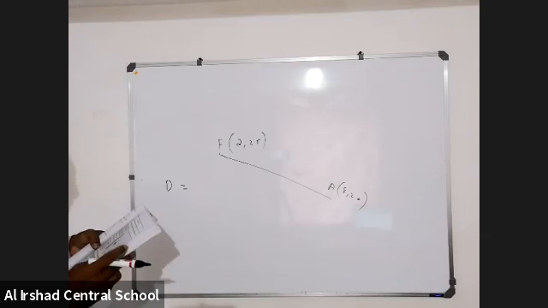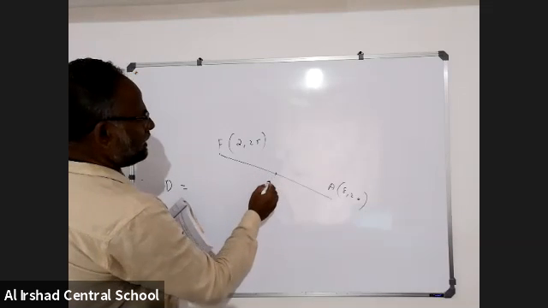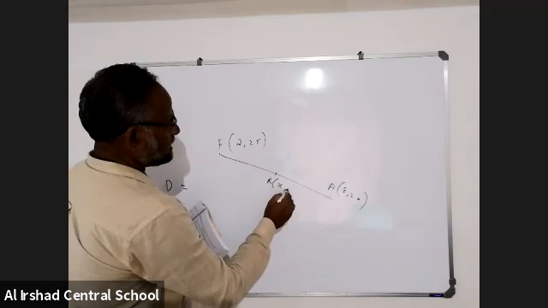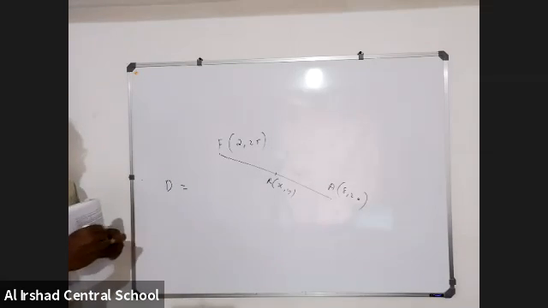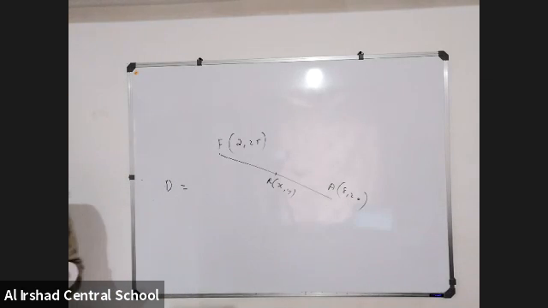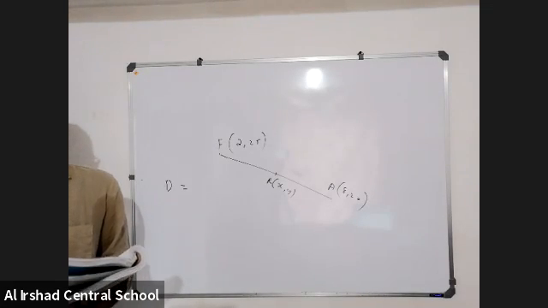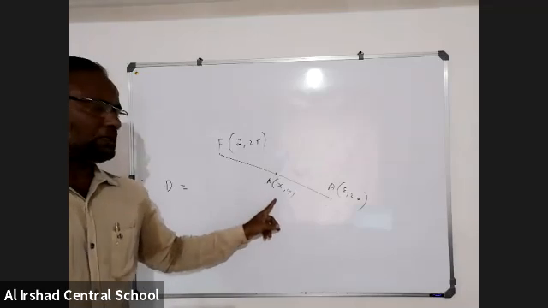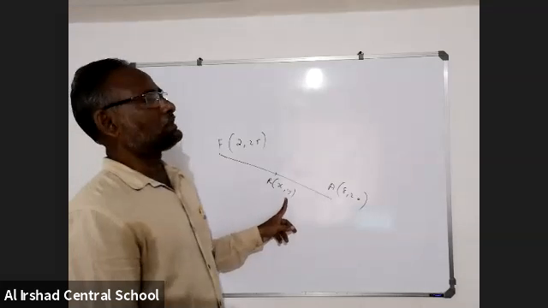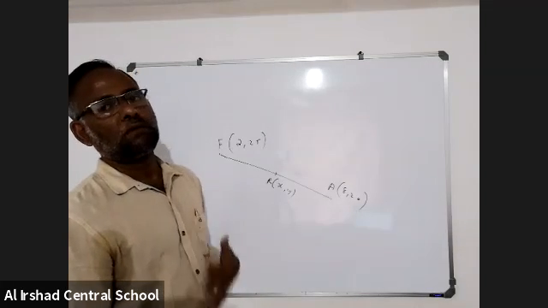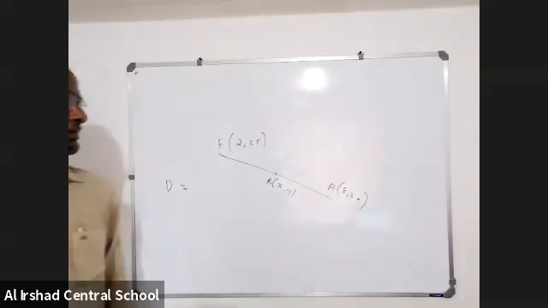Rashmi came in the middle. That means X and Y you have to find. That is the question: halfway between the line segment joining the 2 flags, where should she post her flag? That means what is the X coordinate of Rashmi? What is the Y coordinate? The question is clear and easy.